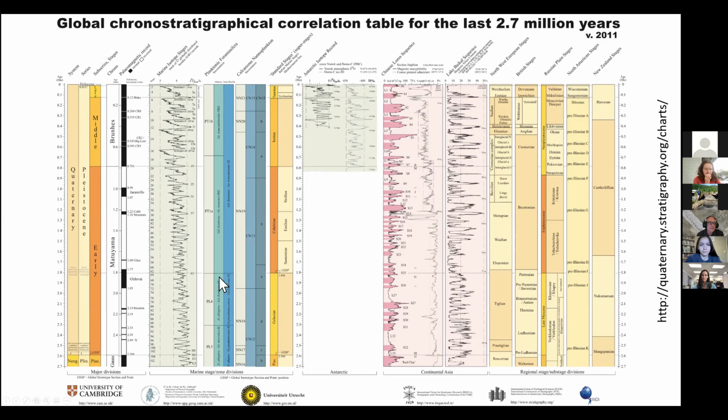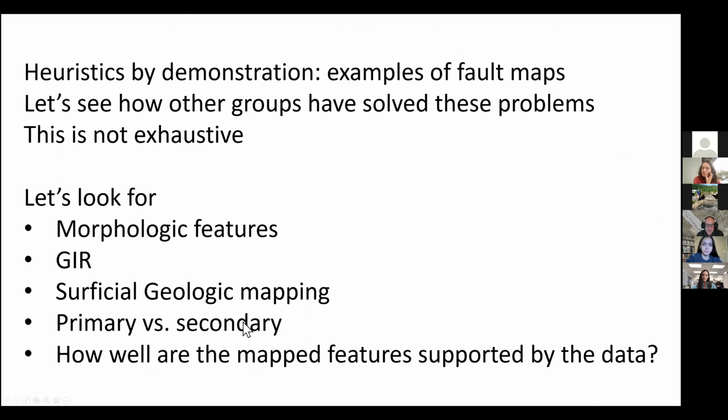Okay, let's move on. So the next thing is this heuristics by demonstration. Just like when we teach many things, we show how it's been done before, and you get some good ideas or maybe see some examples of places or processes that we haven't otherwise talked about. All of them are right in some ways and probably wrong in other ways, but let's look together at how other groups have solved some of the problems we're talking about.